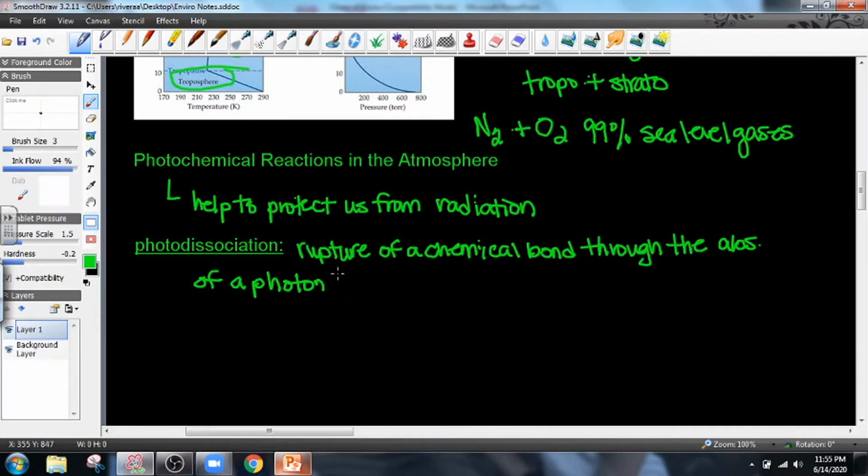Now, when this happens, the electrons go back to their respective atoms. Like the shared electrons go back to their respective atoms. So no ions are formed. Everybody remains neutral.